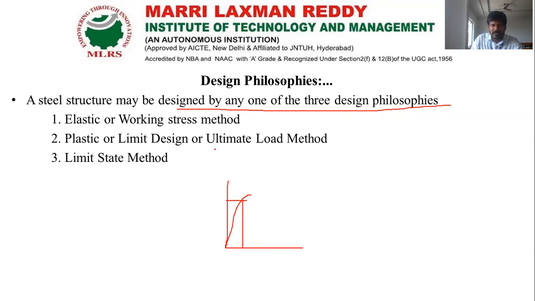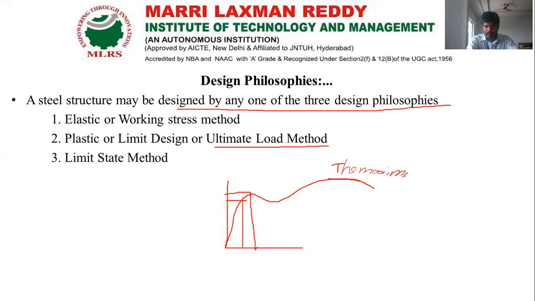Next, the ultimate load method. In the stress strain relationship curve, up to this point we say it is the elastic state, and this is purely ultimate load, in the sense of the maximum load. The maximum load may happen here.